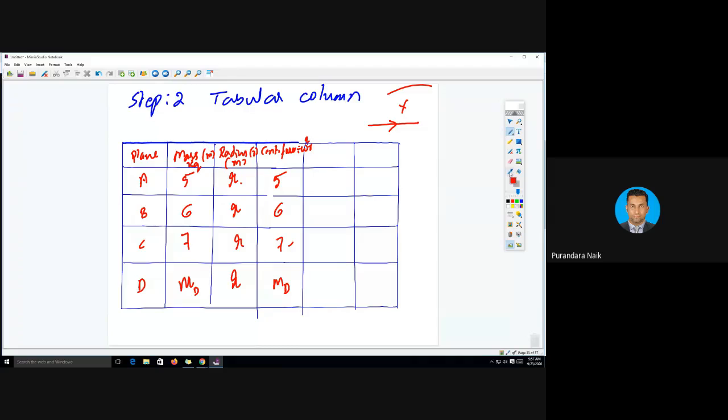Next is the couple polygon. To draw the couple polygon, you need to identify the plane which is the reference plane, right?